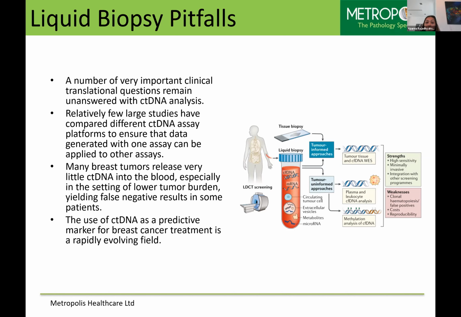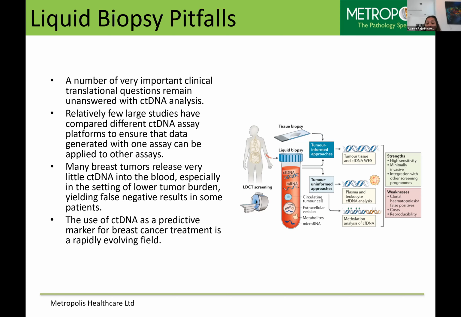There are issues with liquid biopsy. It's still in emergent phases, so there are very few studies that compare the circulating tumor cells from one assay to the other. In early stage breast cancer, there's very little circulating DNA in the blood, so there can be issues as far as monitoring, as far as which mutations we can treat, and we need to do it with caution.